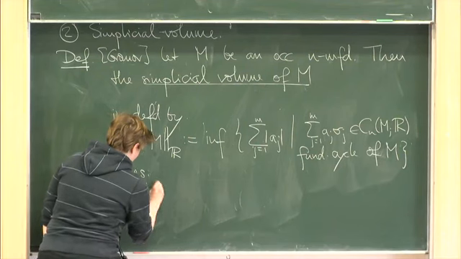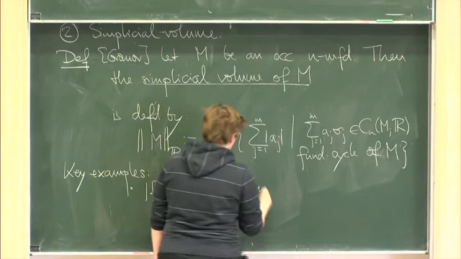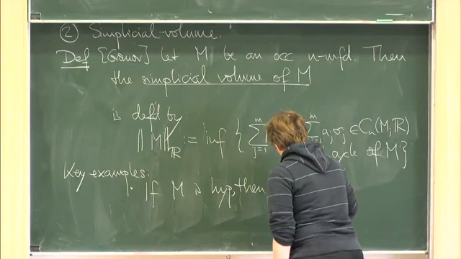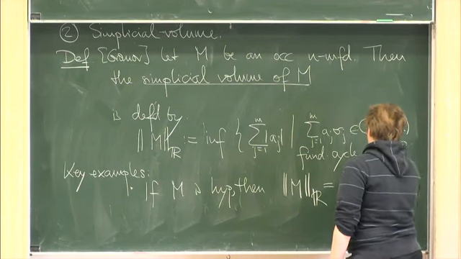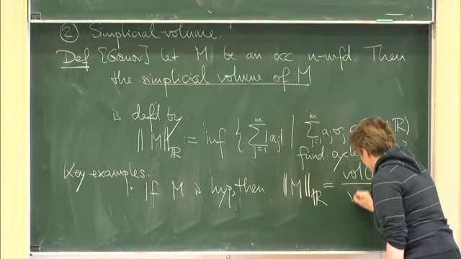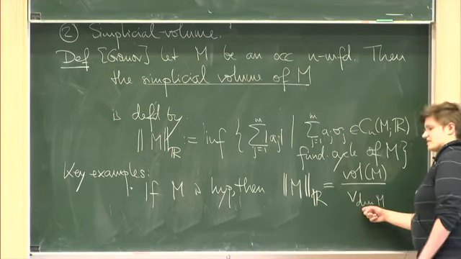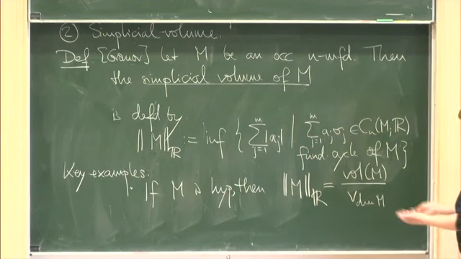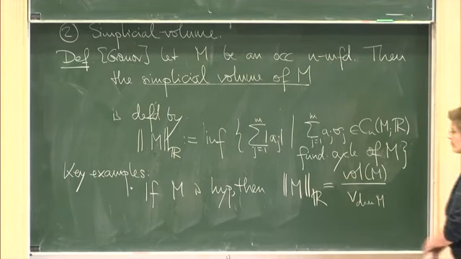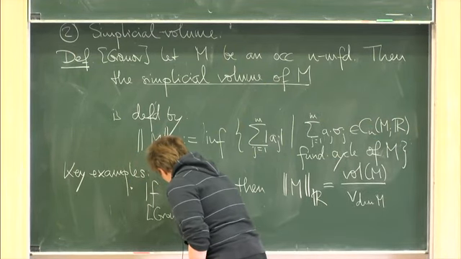So if M is hyperbolic, then the simplicial volume of M is nothing but the volume of M divided by some constant. It only depends on the dimension of M. And what is this constant? It's just the volume of an ideal regular simplex in H^n. So this is something that's very concrete geometrically, and it determines the simplicial volume. So this was first proved by Gromov and Thurston.